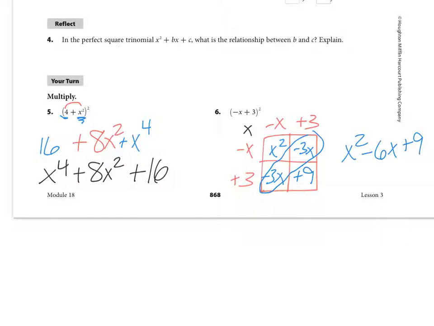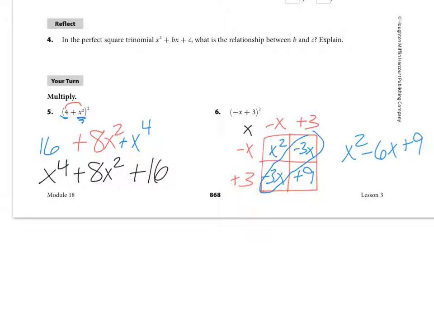Okay, now we look at this relationship, and what's different? Well, here we have 9, and here we have 6, but 6 is not half of 9. Okay, so what does that mean? Alright, well, let's go back. What did we say about these numbers? How did we get those? We're taking the term here and we are squaring it.